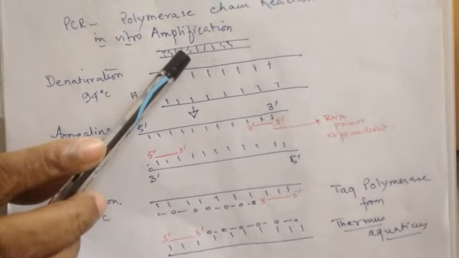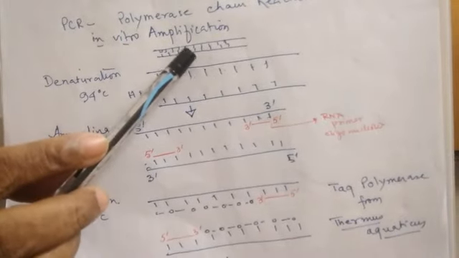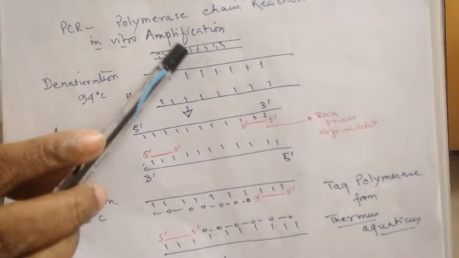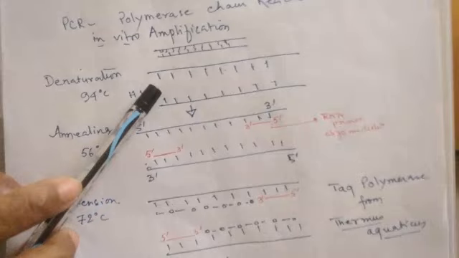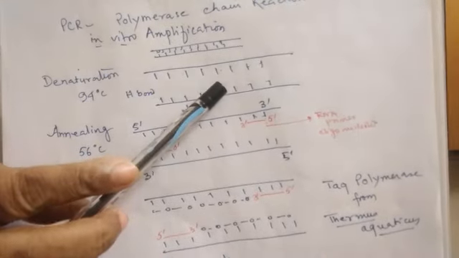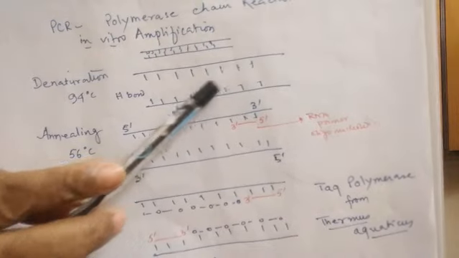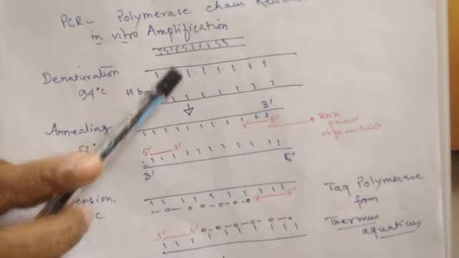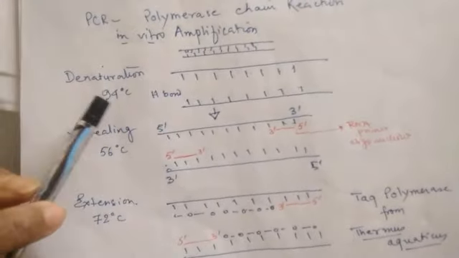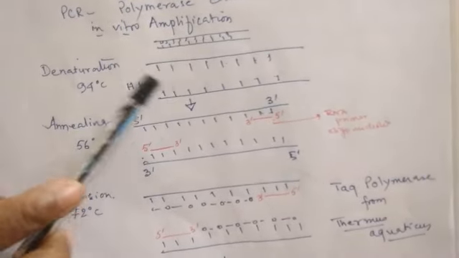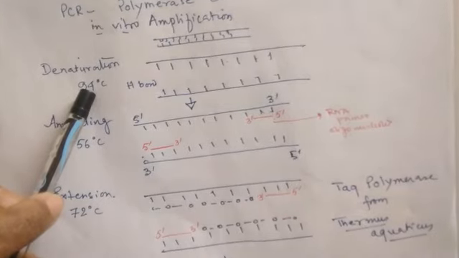You can see here, the two strands are joined by hydrogen bonds, clear, which are linking the nitrogen bases. Now here we will break these hydrogen bonds, and as a result the hydrogen bonds between the nitrogen bases will break down and the two strands will get separated. The main aim of denaturation is to separate the DNA strands, and it is done by heating to 94 degrees centigrade.